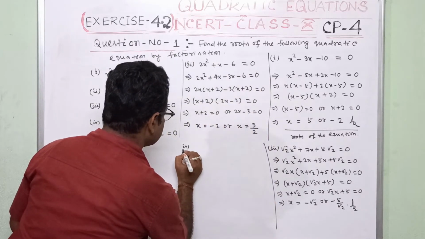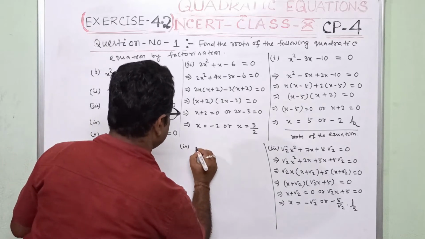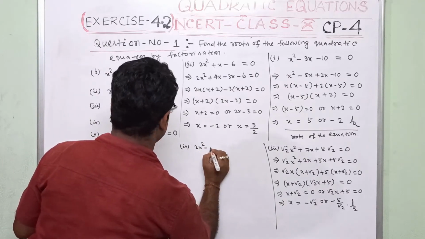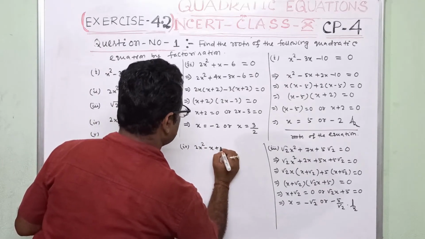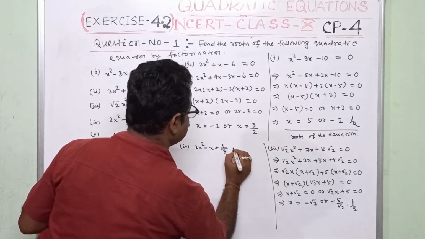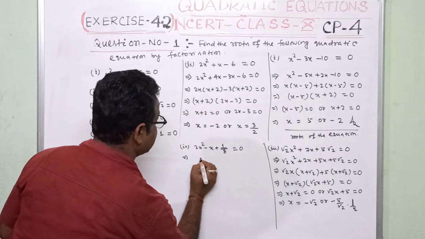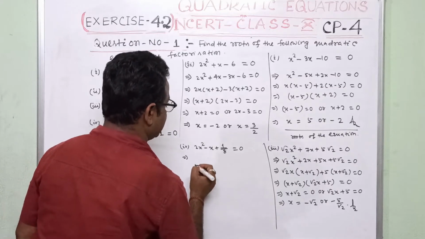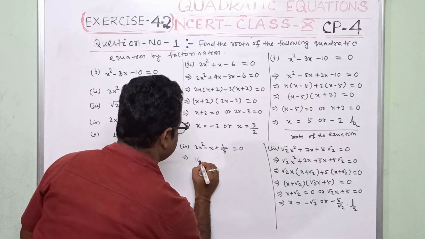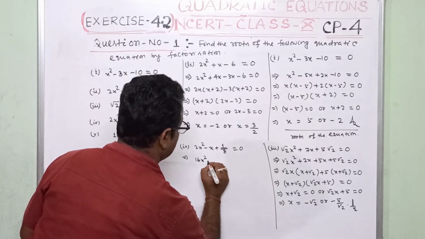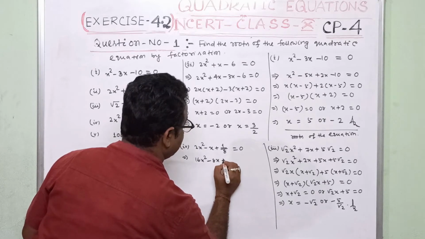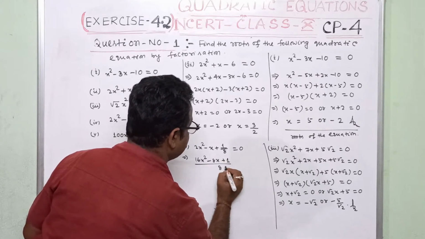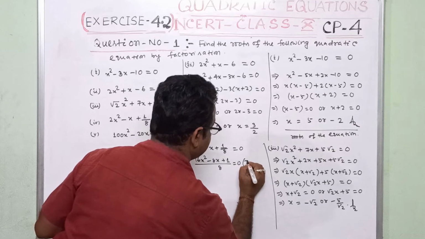Now move on to part IV. We get 2x square minus x plus 1 by 8 is equal to 0. That implies, taking LCM, we get 16x square minus 8x plus 1 by 8 is equal to 0.